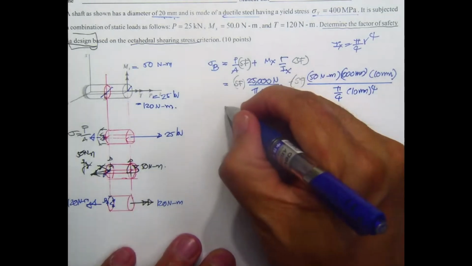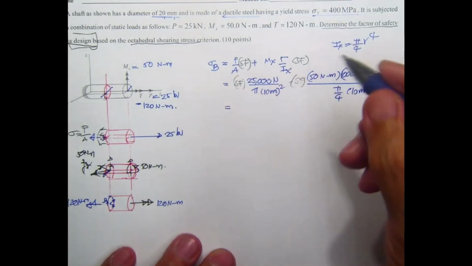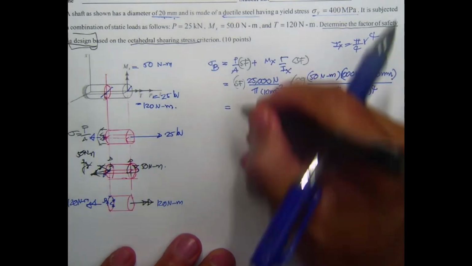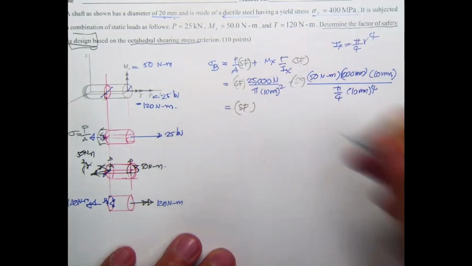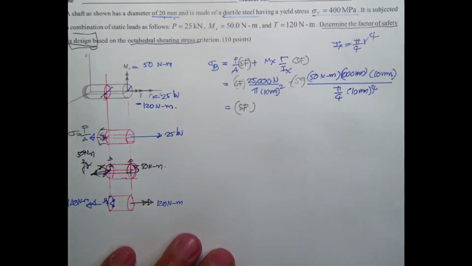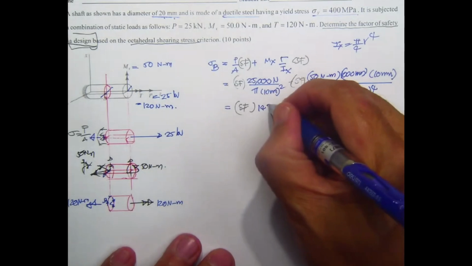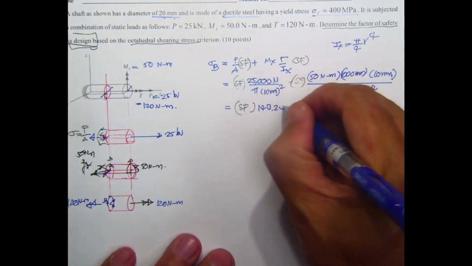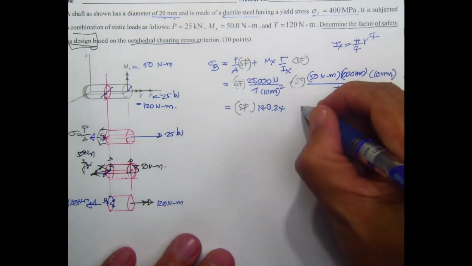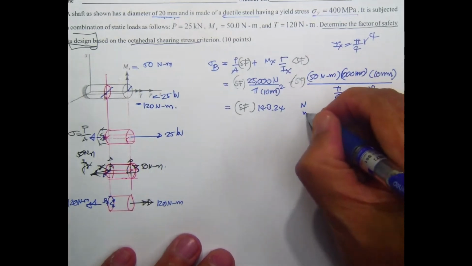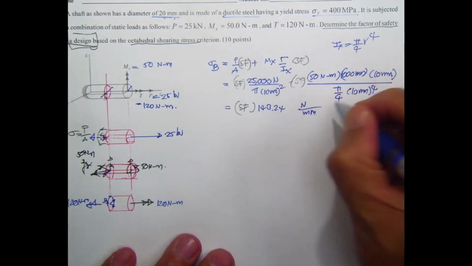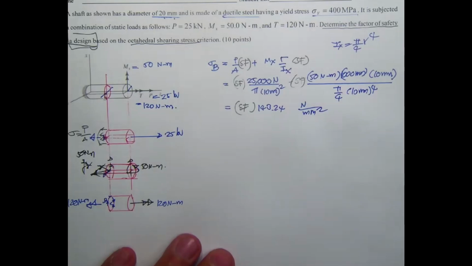If you did it correctly, everything is supposed to be correct. This is going to be the safety factor times 143.24, with everything in units of Newton and square millimeter, or megapascal.